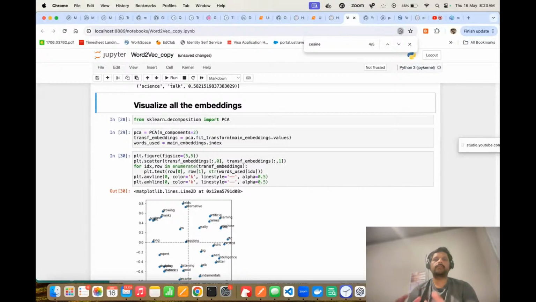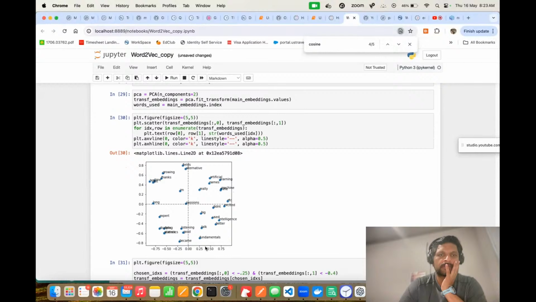So this is a five dimension vector. We're using PCA. We're shrinking it down to a two dimension vector. Plot figure size. Figure size is equal to 5 by 5. Numbering 0, 1.